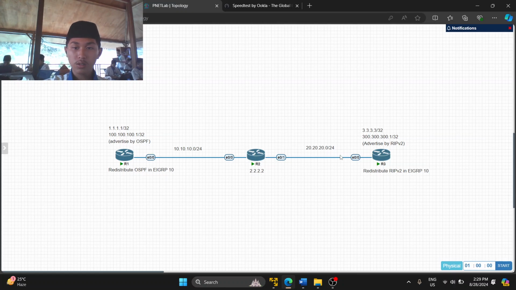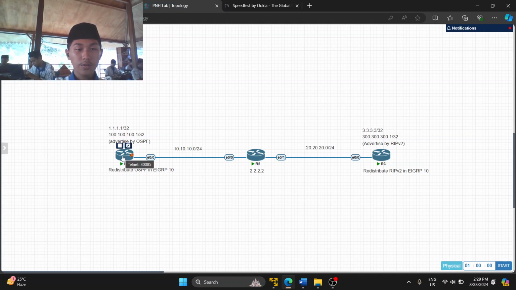And then for interface E0/0, it will use IP address 20.20.20.2, sorry, prefix 24. And interface E0/0 will be advertised by EIGRP with the autonomous system 10.